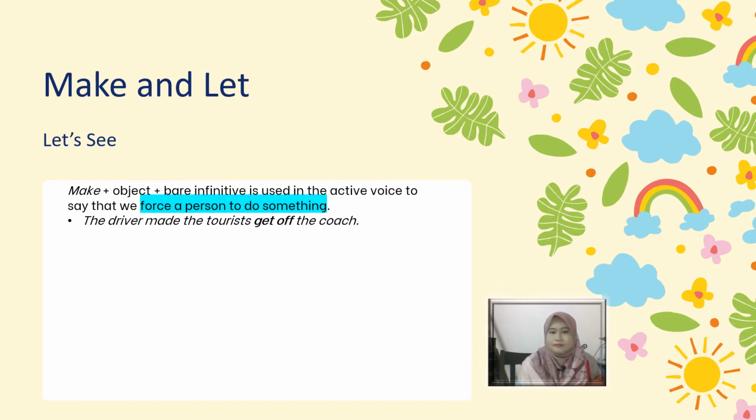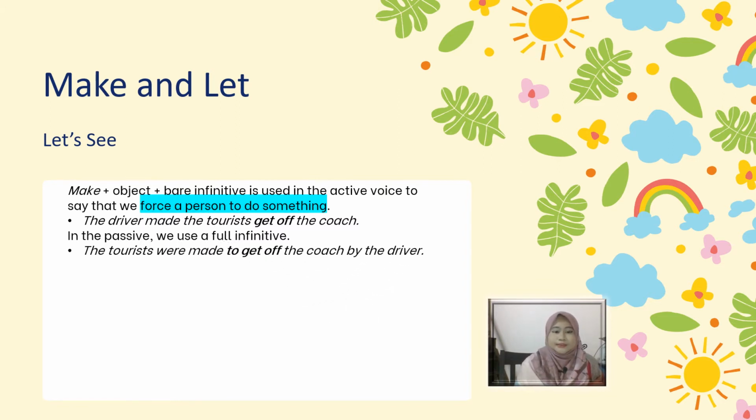It means that the driver is forcing the tourist to get off the coach, to leave the coach. Okay, if you want to use it in the passive voice, it becomes full infinitive. For example, the tourists were made to get off the coach by the driver.